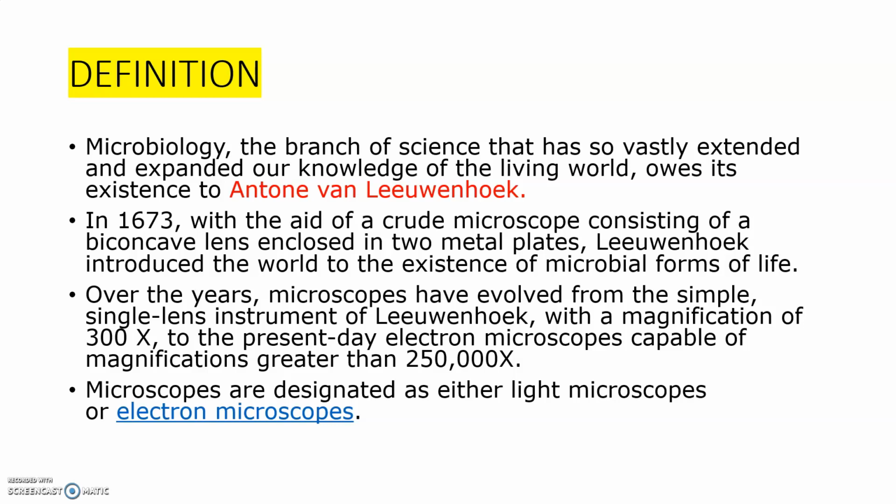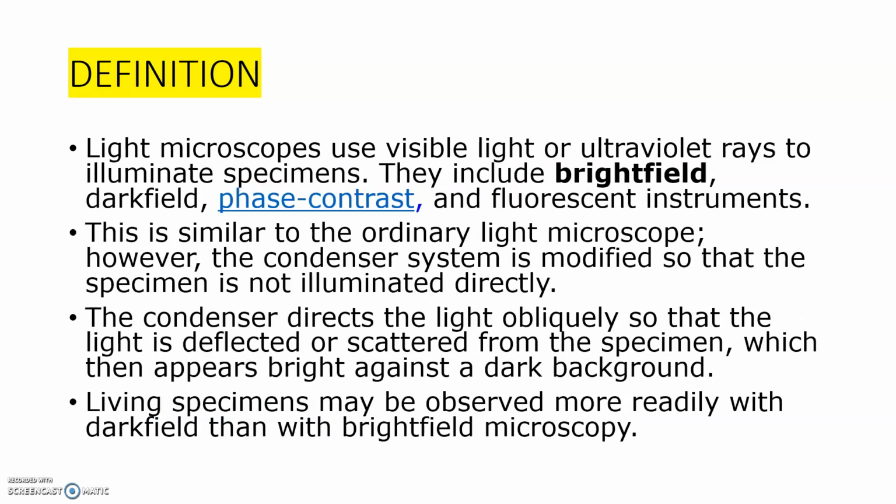Microscopes are designated as either light microscopes or electron microscopes. Light microscopes use visible light or ultraviolet rays to illuminate specimens. They include bright field, dark field, phase contrast, and fluorescent instruments.